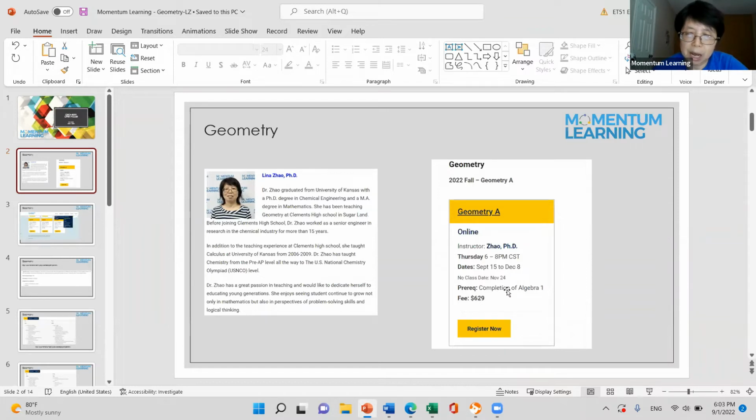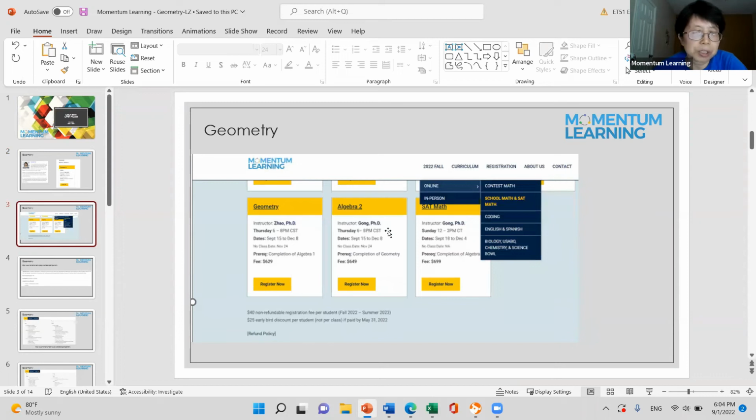There's no class on November 24 in observance of Thanksgiving. We recommend that you finish Algebra 1 before you take geometry, but it's not really a big deal. If you are taking Algebra 1 right now, you still can take geometry. So that's the basic information of this course.